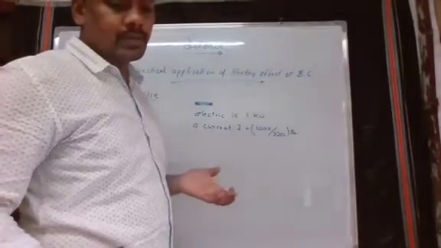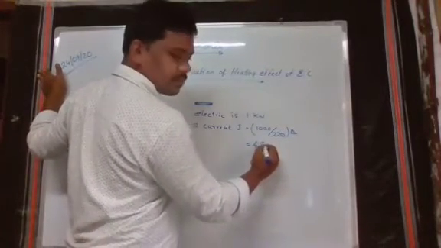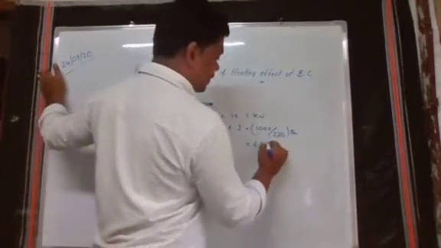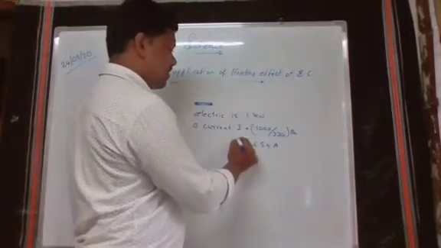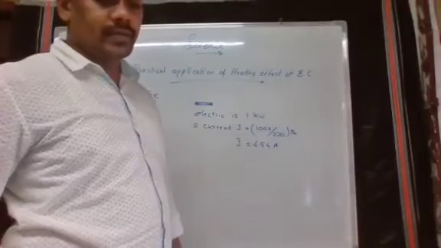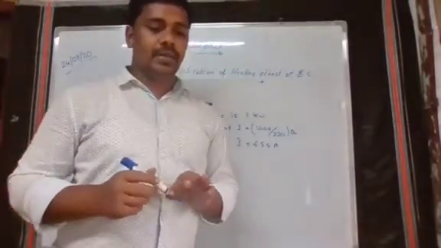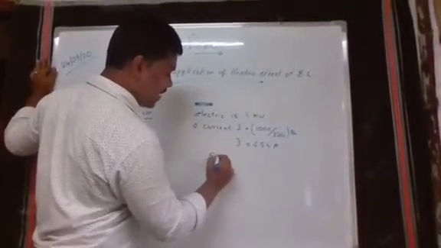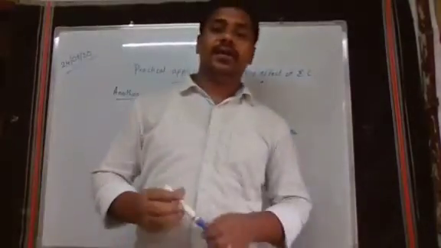That is 4.54 ampere flowing in the circuit of the electric iron. In this case, a 5 ampere fuse will be used.